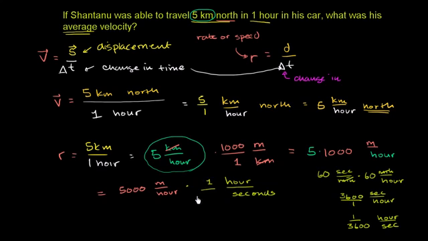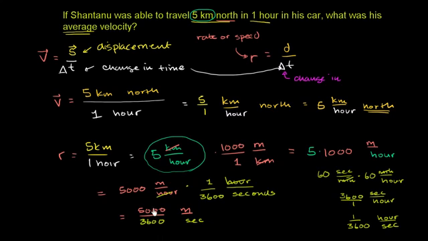So 1 hour is the same thing as 3,600 seconds. And so now this hour cancels out with that hour. And then you multiply or appropriately divide the numbers right here. And you get this is equal to 5,000 over 3,600 meters per, all you have left in the denominator here is second. Meters per second.